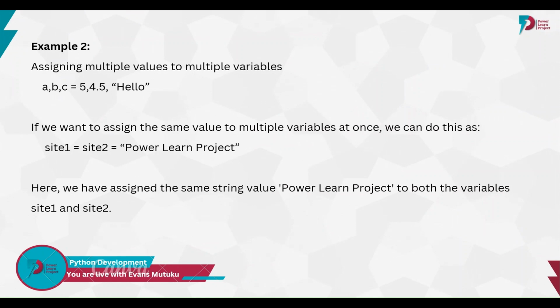We have another example on how you can assign multiple variables to multiple values. We have A, B, and C, in which A is assigned 5, B is equal to 4.5, then C is equal to hello world. That's how you can assign multiple variables to multiple values inside one piece of code.